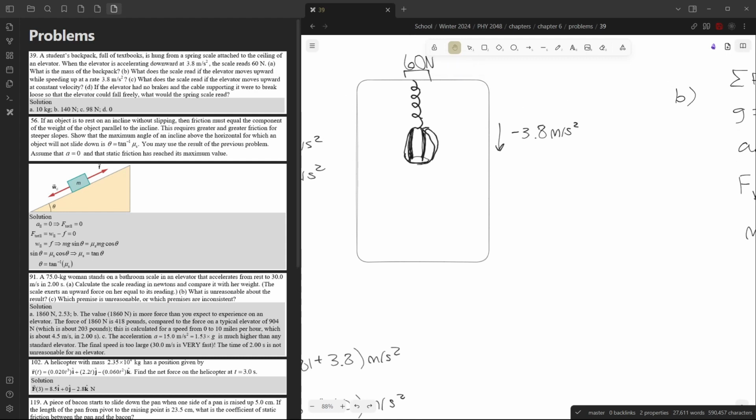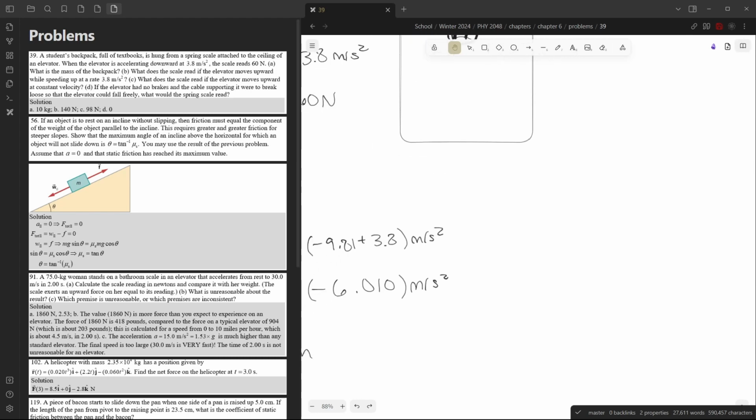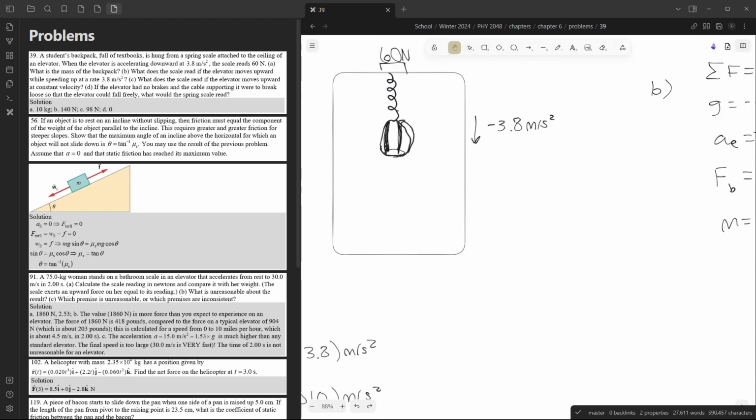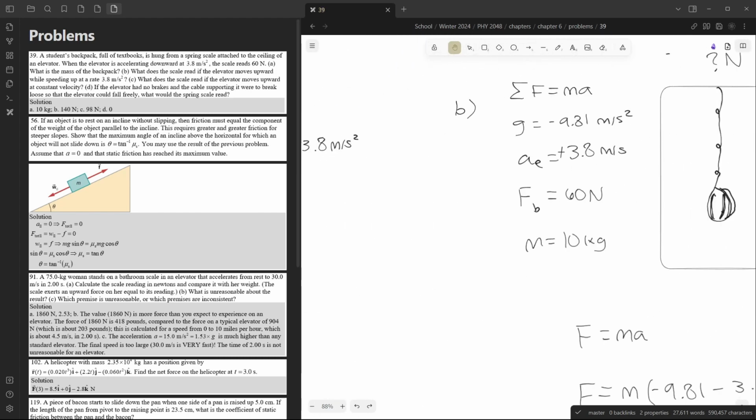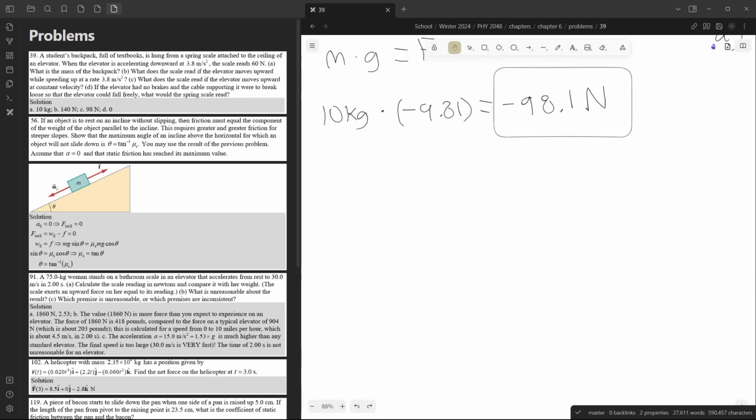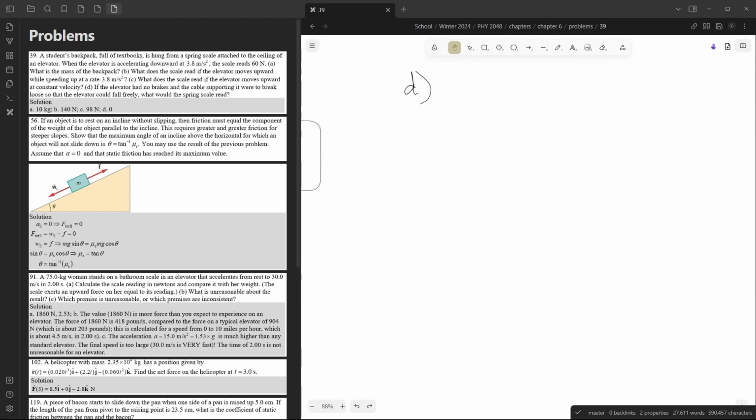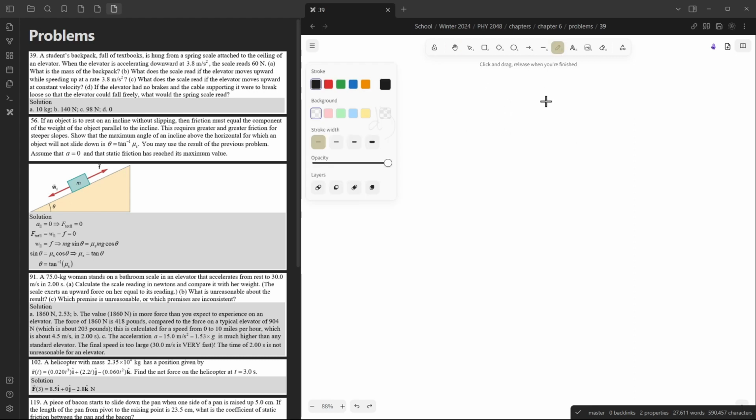The scale is moving downward, so it's going to read a smaller force. We can apply that same logic here. It's saying the scale is accelerating down at 9.81 instead of 3.8. So that means the acceleration is actually going to be 0, right?